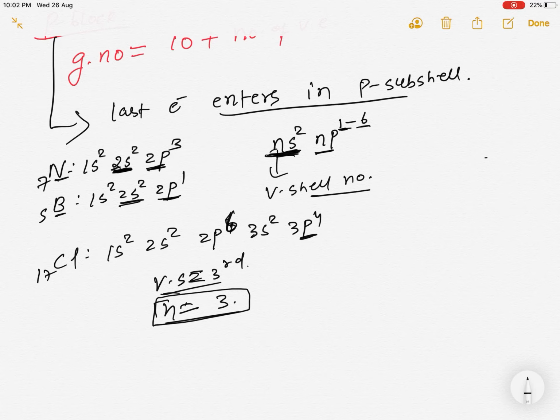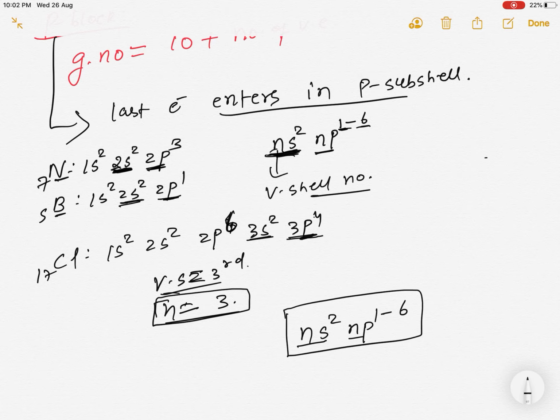Is that again in the same format? 3s2, 3p5, or ns2, np with the number of electrons in the range of 1 to 6? Yes. So for any p block element, the outermost electronic configuration, the valence shell electronic configuration, will always look like this: ns2 will be full, np in the range of 1 to 6. That we are going to call p block elements.